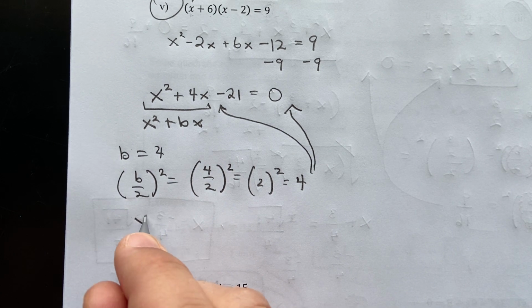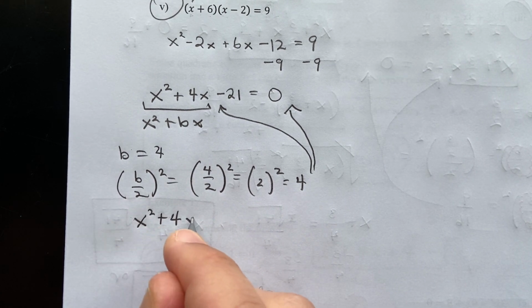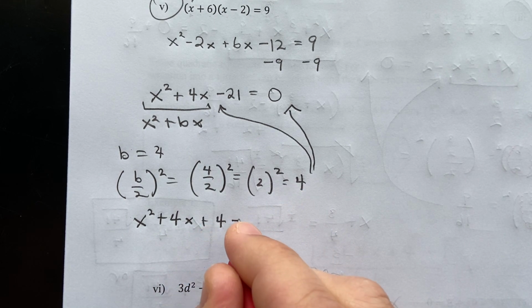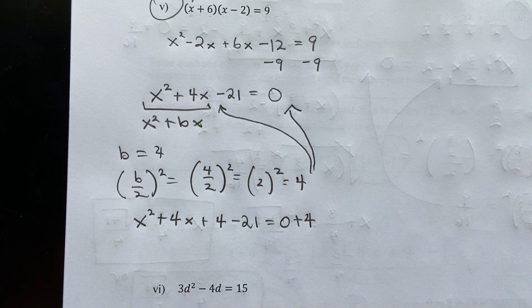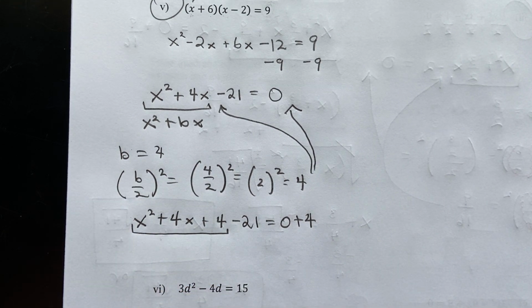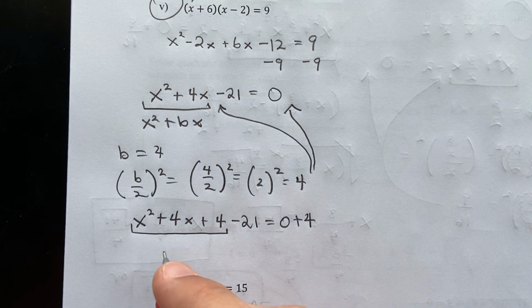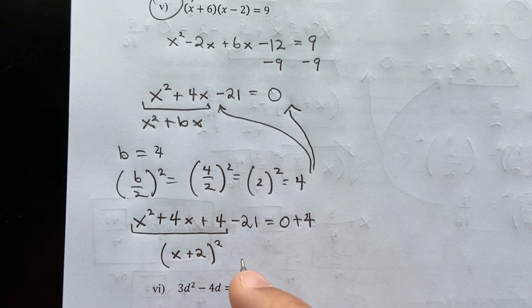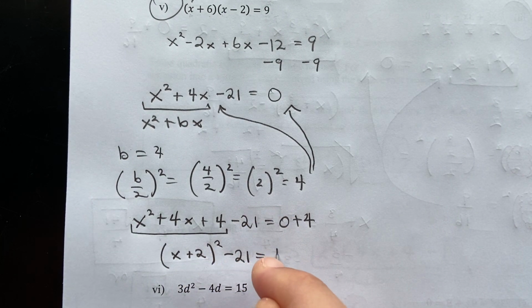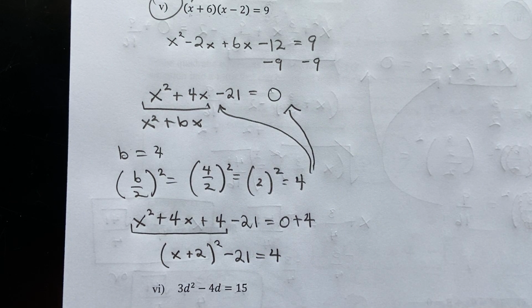All right, so x squared plus 4x plus 4 minus 21 equals 0 plus 4. So now this trinomial should factor, and it should factor as x plus half of b all squared. So x plus half of b all squared minus 21 equals 4. So I can factor it that quickly.